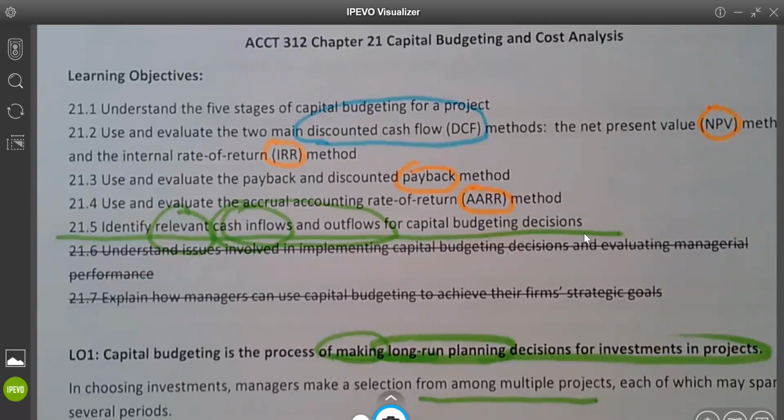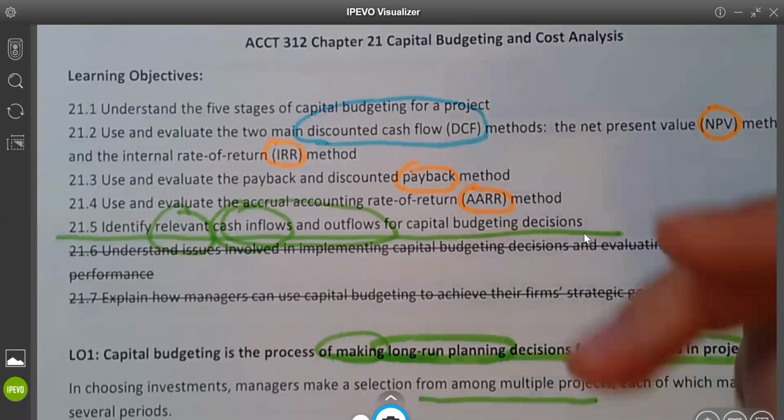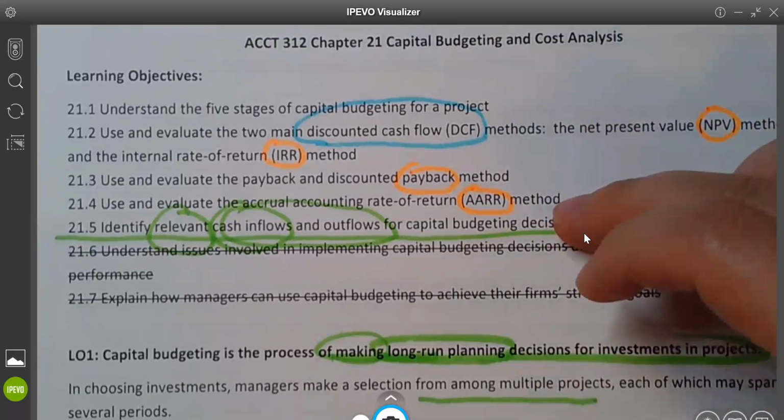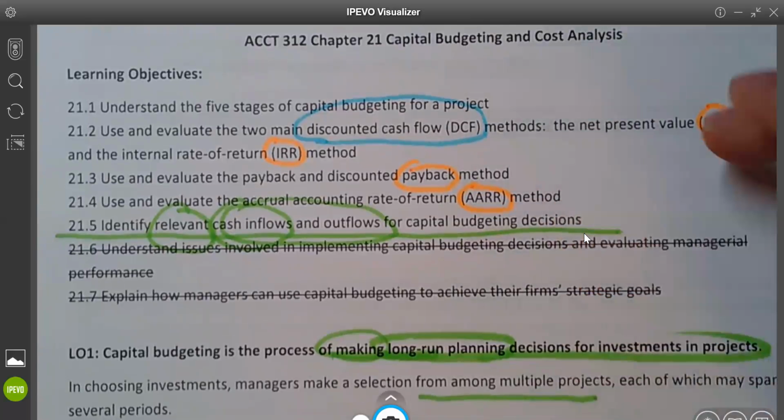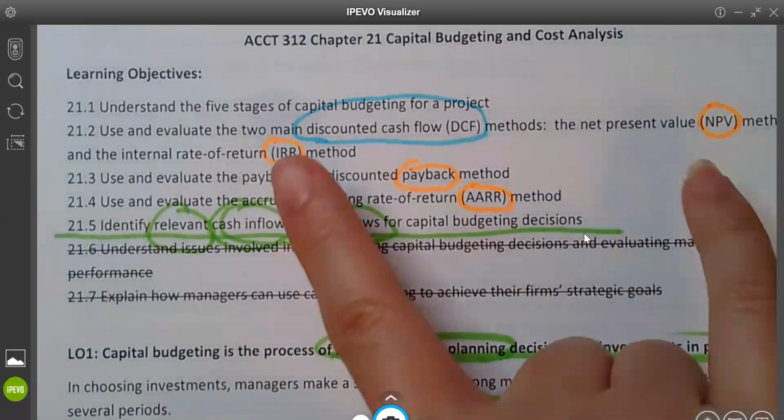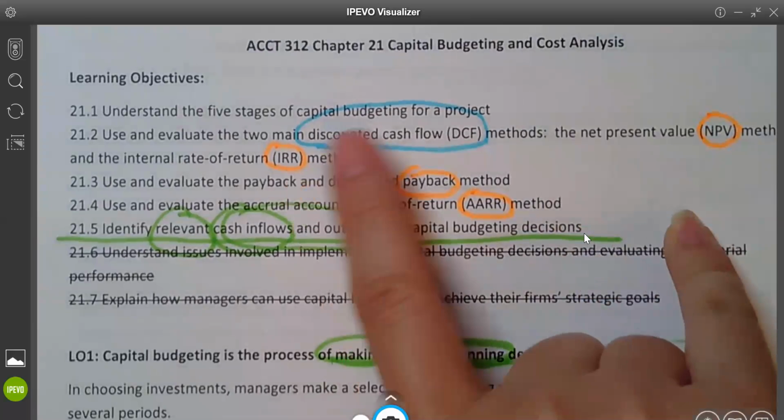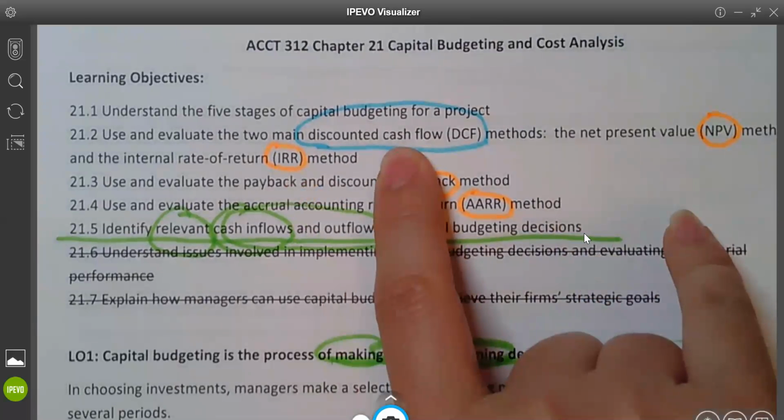Usually I think my videos are better than YouTube videos, but if you don't know the meaning of present value and future value, just look on YouTube to get some general idea that helps you understand our chapter. We have different learning objectives. The first four are for the first part, capital budgeting. We have four methods. The first two rely on one big assumption, which is discounted cash flow.